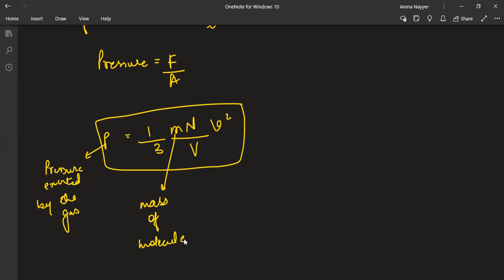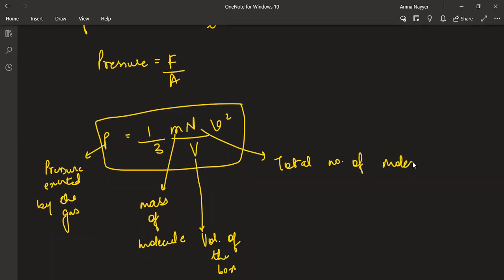Mass of molecule. V is the volume of the box or the container. N is the total number of molecules. And V is the root mean square speed.